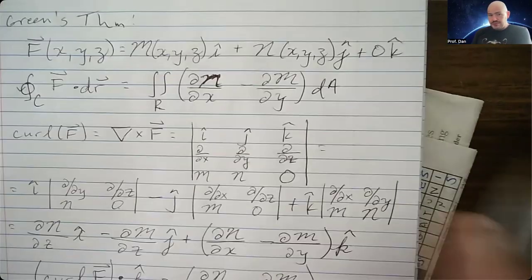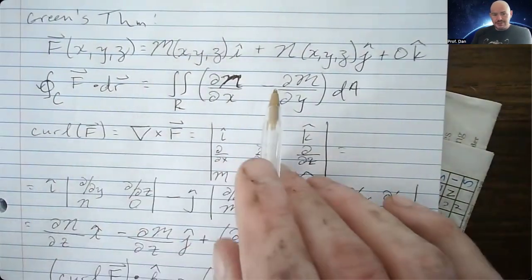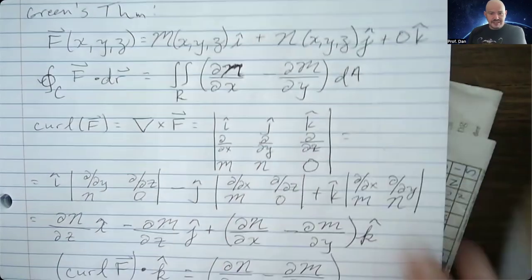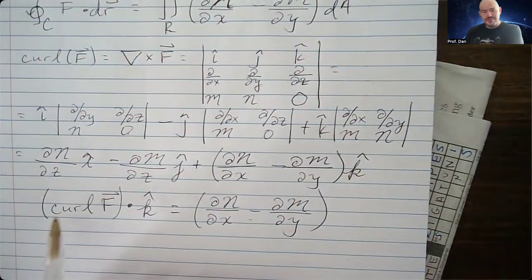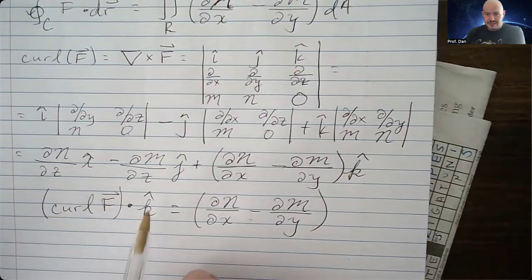So whenever we convert this line integral into a double integral, the integrand that we get is actually just the dot product between the curl of F and the unit vector k.